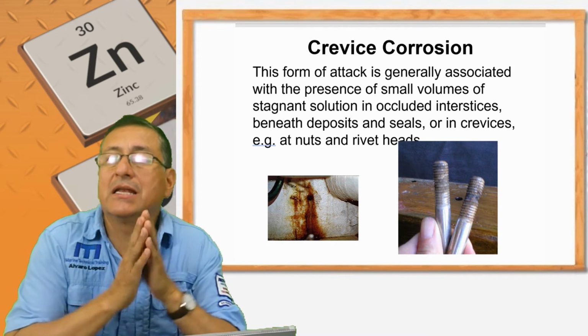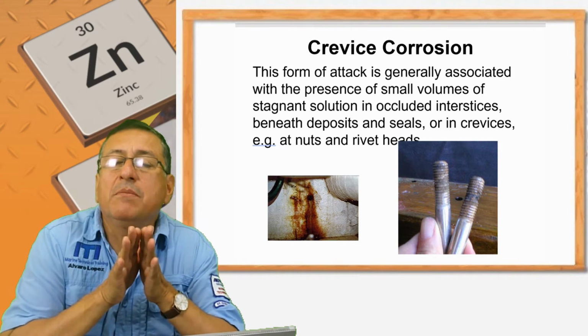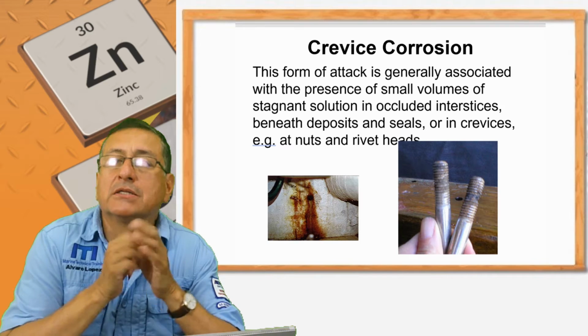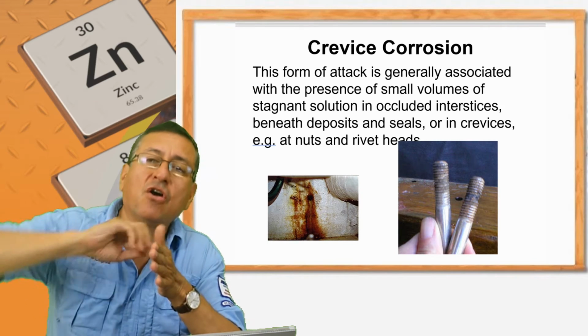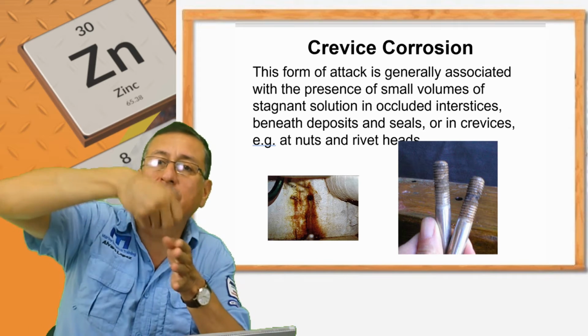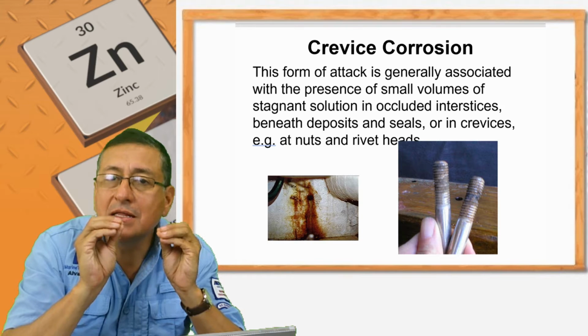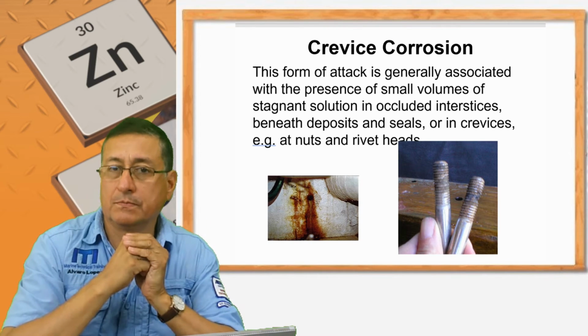There are different techniques to avoid the accumulation of humidity in between the elements, in between the parts. And after that, cover with a special resin or with a special coating. There are different techniques. You need to eliminate stagnant solutions.